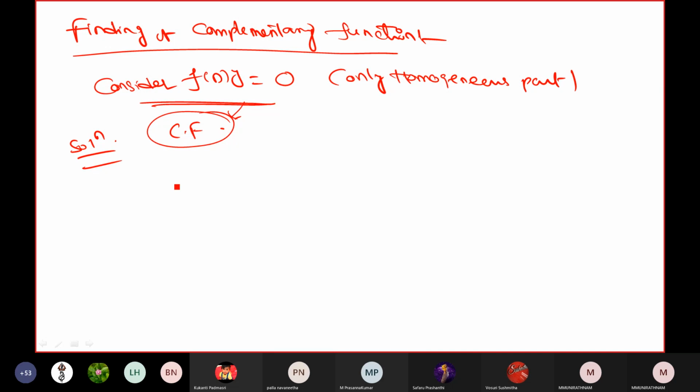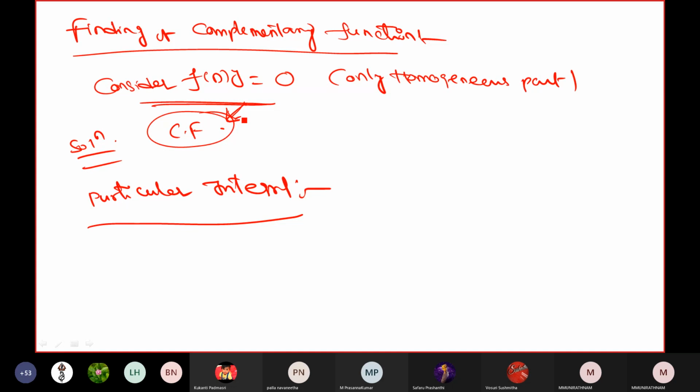Now we'll go for the particular integral. For the homogeneous part, the solution is the complementary function, which we did in the previous class based on the roots of the auxiliary equation.